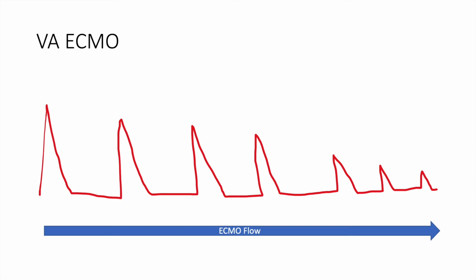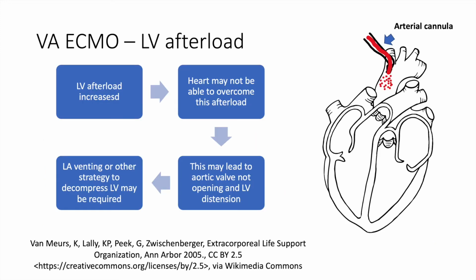As illustrated in this diagram, the native cardiac output goes down as the ECMO flow is increased, which can be seen on an arterial trace as decreasing pulsatility.